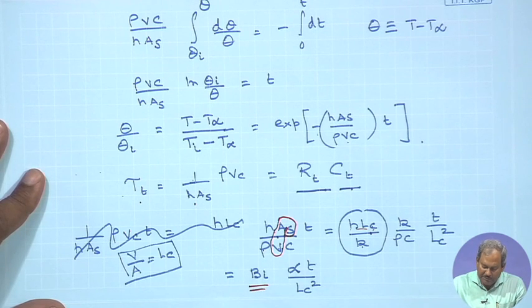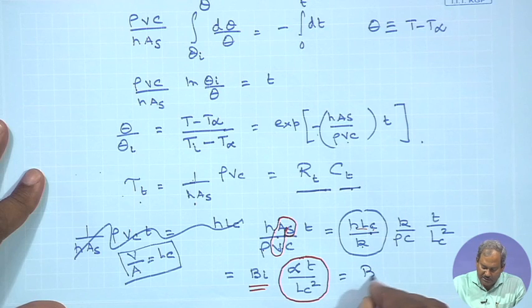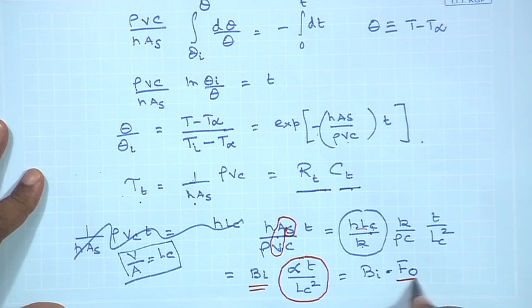If this is dimensionless, this number which contains time must also be dimensionless. So, this dimensionless number is called the Fourier number and expressed by this Fo. So, this is the Fourier number.